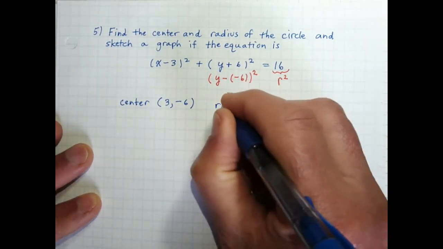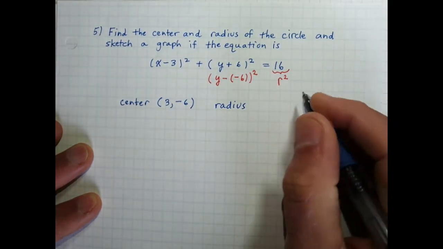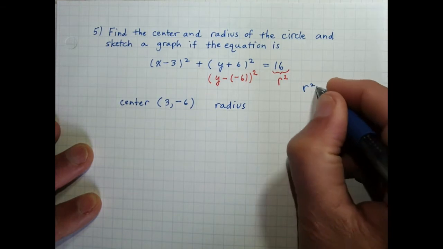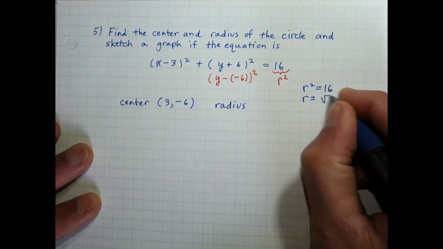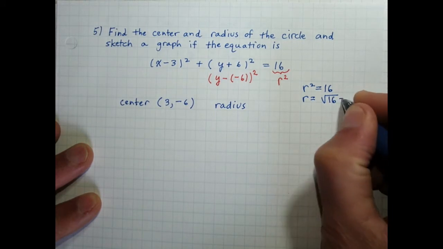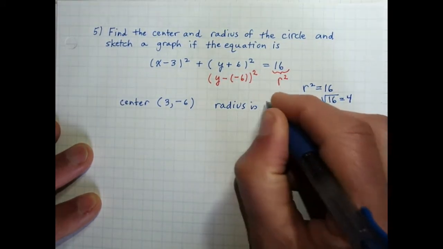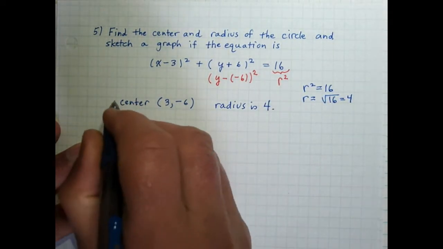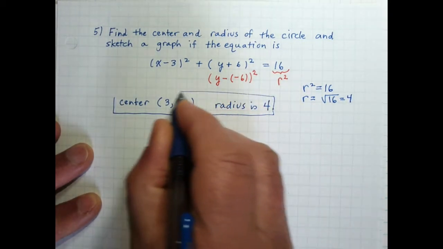And the radius is going to be, well, if r squared is 16, r is the positive square root of 16, which is 4. So the radius is 4. And so we found the center and the radius.